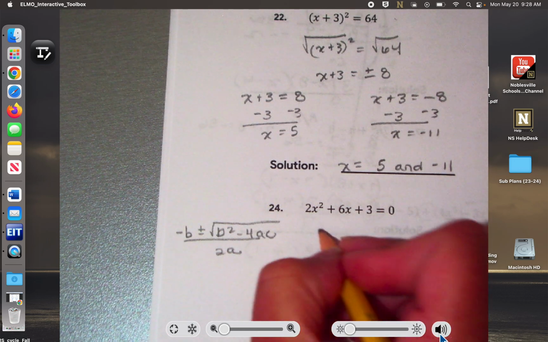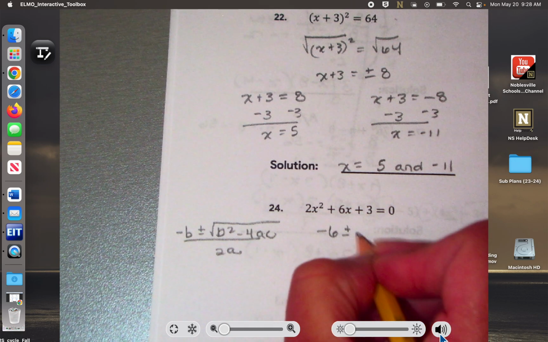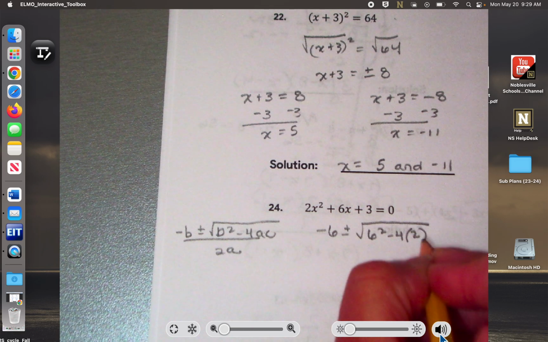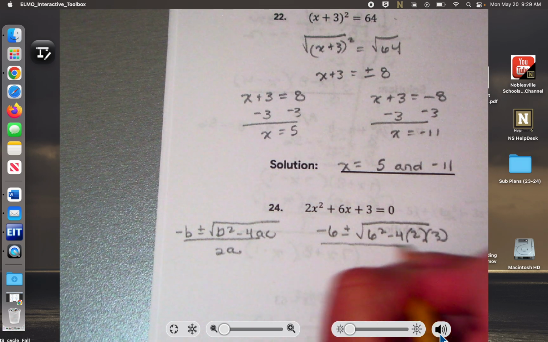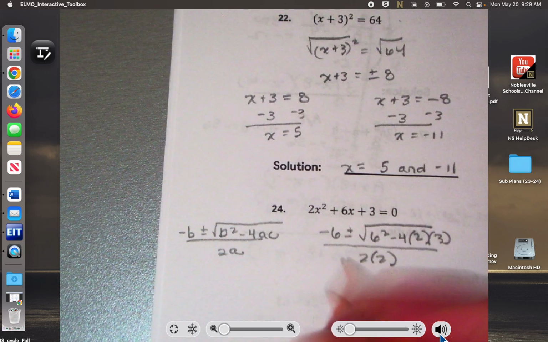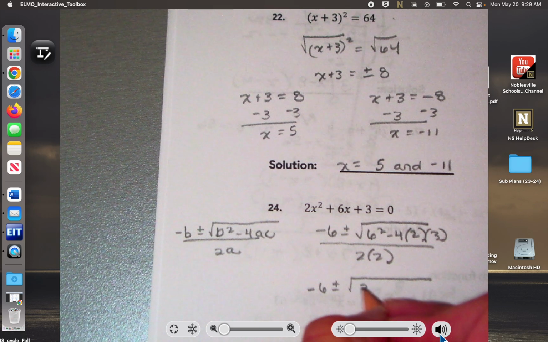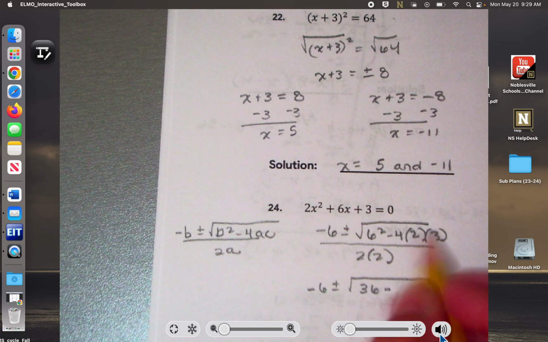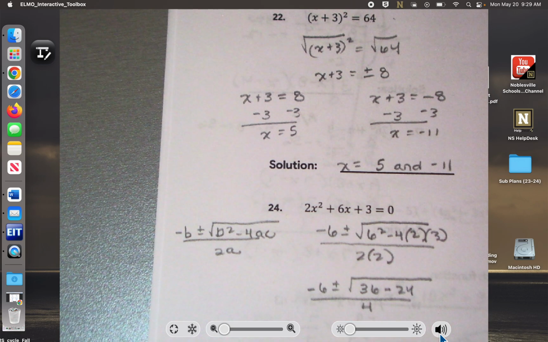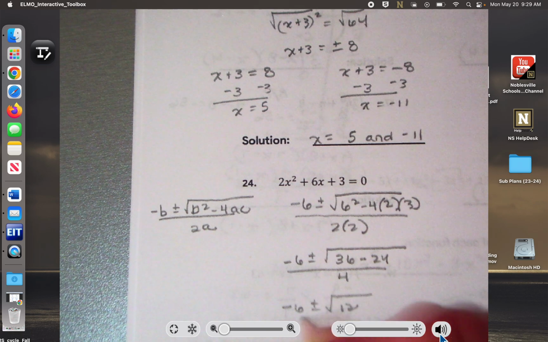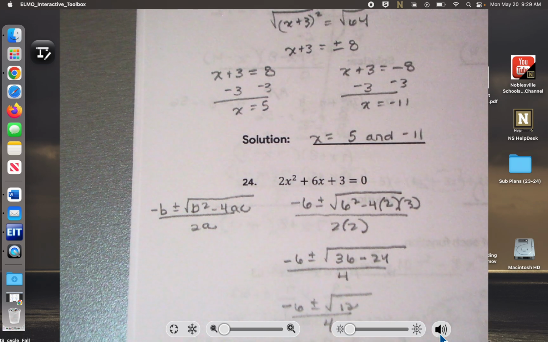So I'm going to have negative 6 plus or minus the square root of 6 squared minus 4 times 2 times 3, all divided by 2 times 2. So I have negative 6 plus or minus the square root of 36 minus 24, divided by 4. Then I have negative 6 plus or minus the square root of 12, divided by 4. If you left it like that, that's fine.